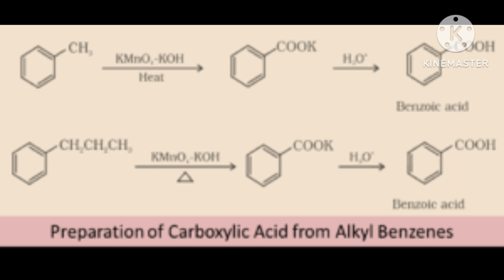Then I told, when 2 hydrogens go, at that time 1 oxygen will join, but when the third hydrogen leaves, then carbon will become negative and hydrogen will become positive.